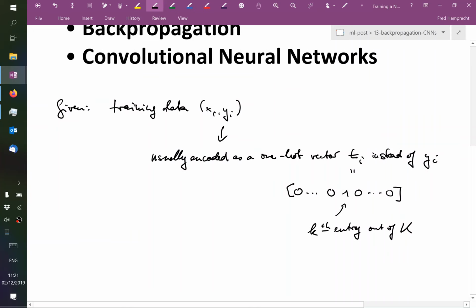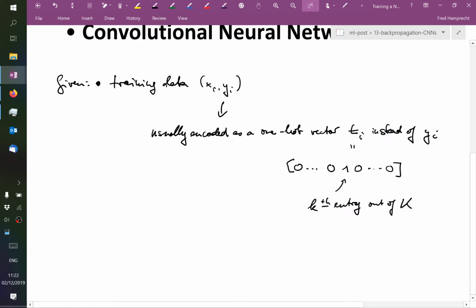Good, so we are given training data. As always, we need to decide on a loss function. You remember that way back when we were discussing the Bayes optimal classifier, we had to define a matrix. It told us how bad is it to mix up one class with the other.